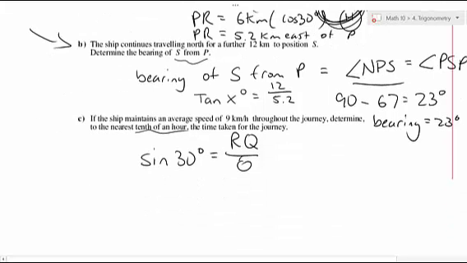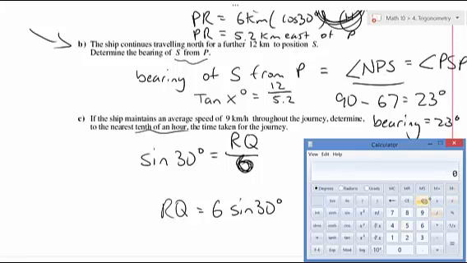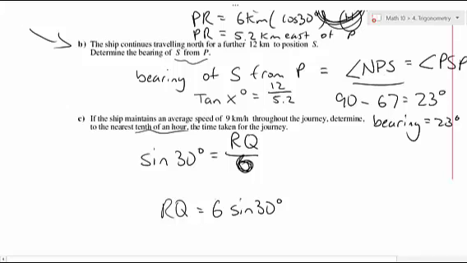So RQ over 6, which means that RQ equals 6 times sine 30 degrees. Throw that in the calculator. 30, the sine of that, times 6 equals 3. So RQ equals 3, and it's all kilometers.